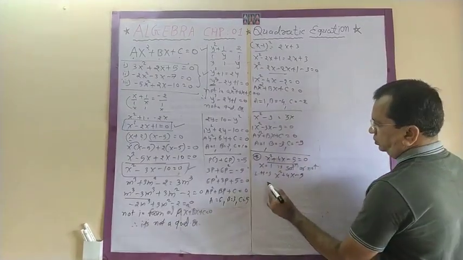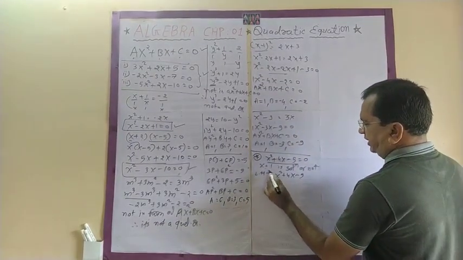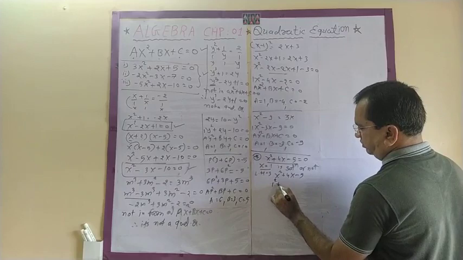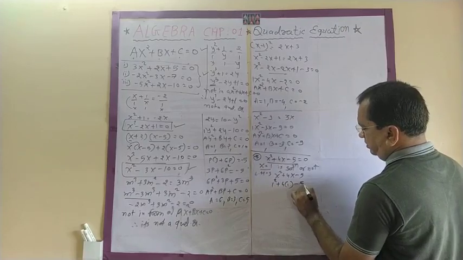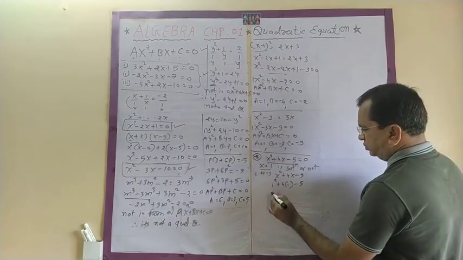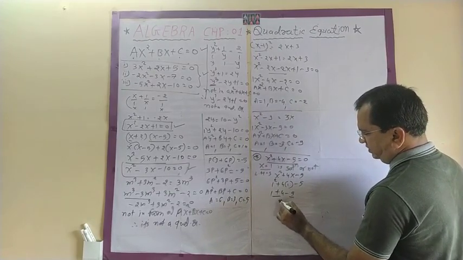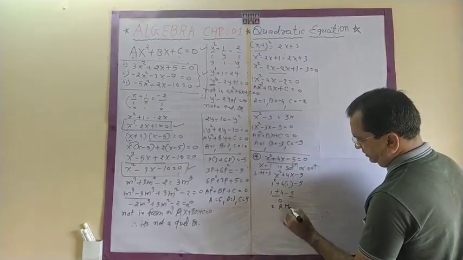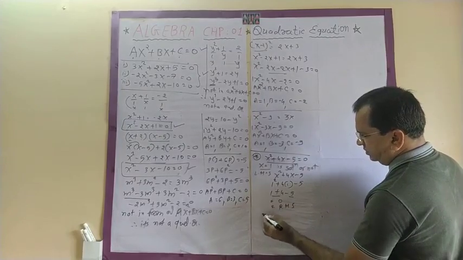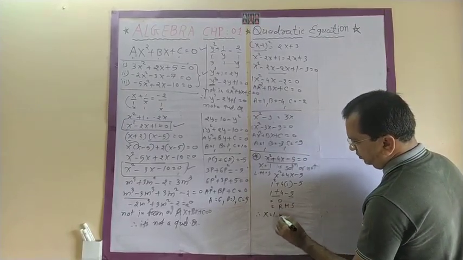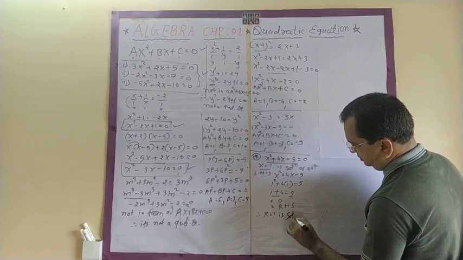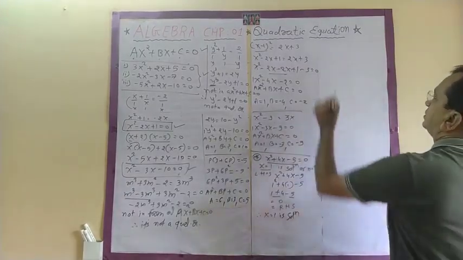Correct. So substitute x is equal to 1: 1 square plus 4 into 1 minus 5. So 1 plus 4 minus 5, 5 minus 5 is 0, which is equal to the right hand side. Therefore x is equal to 1 is a solution or a root.